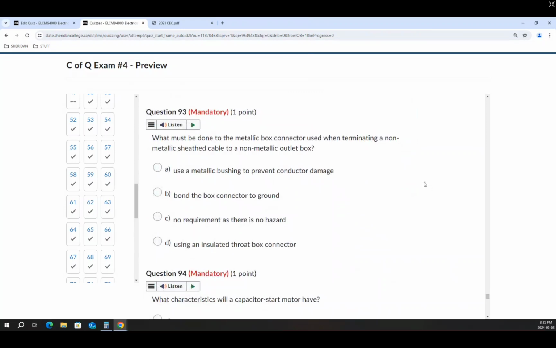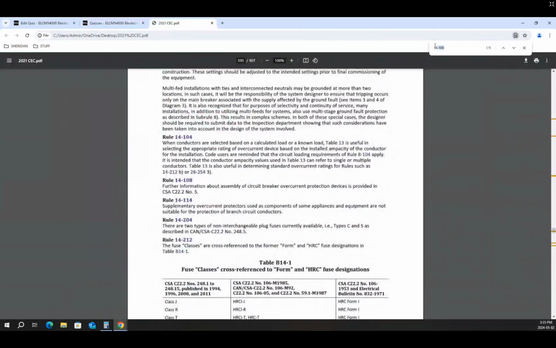93. What must be done to the metallic box connector used when terminating a non-metallic sheathed cable to a non-metallic outlet box? If we're not sure, we're going to go to Section 12.